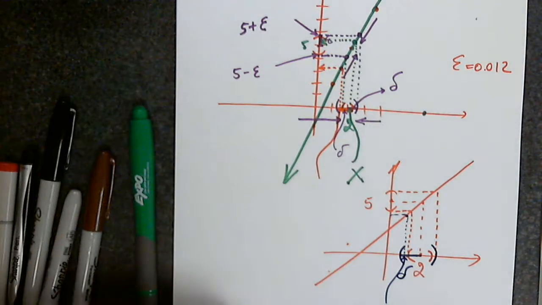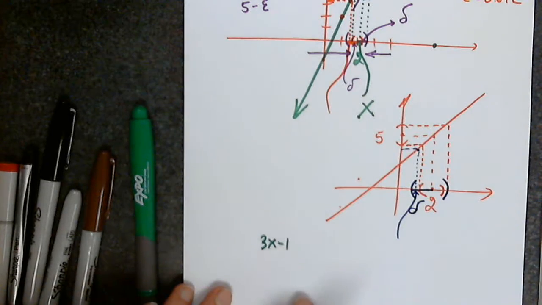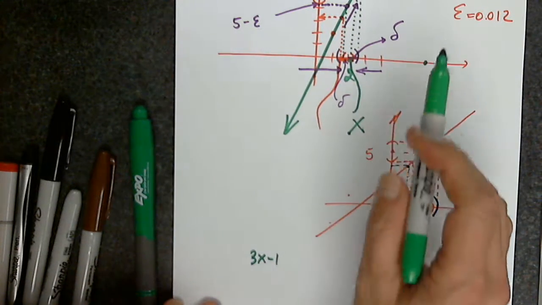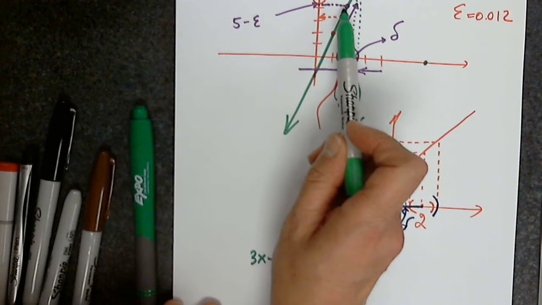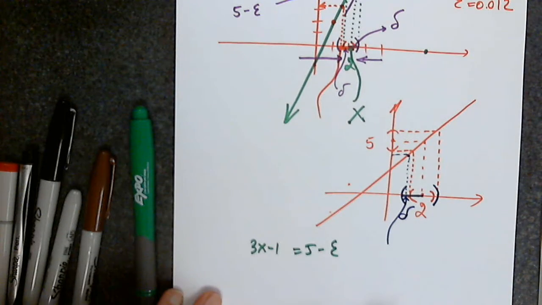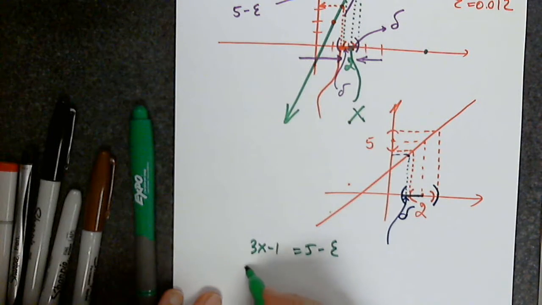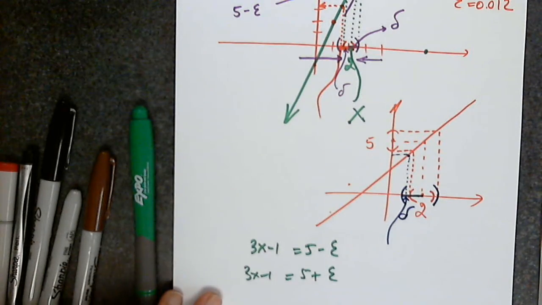Okay, so very good. So now I have that 3x minus 1 equals 5 minus epsilon. And I have 3x minus 1 equals 5 plus epsilon. Right?